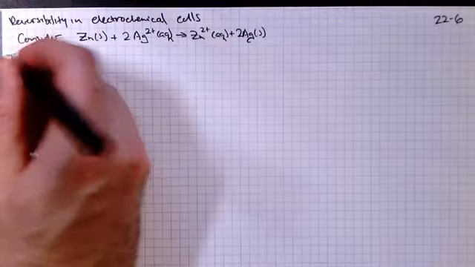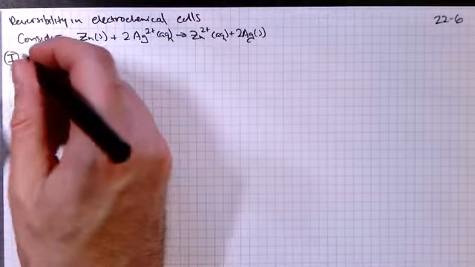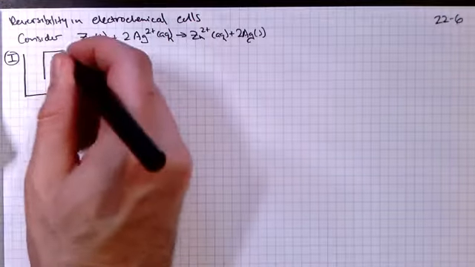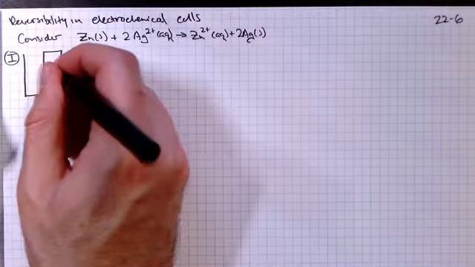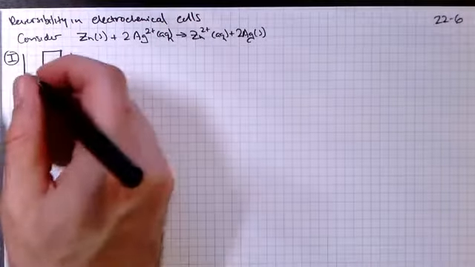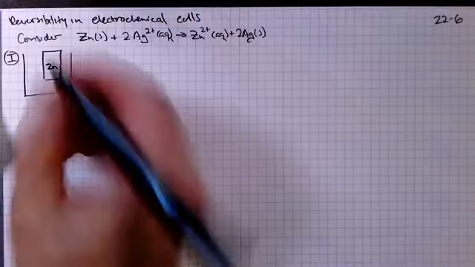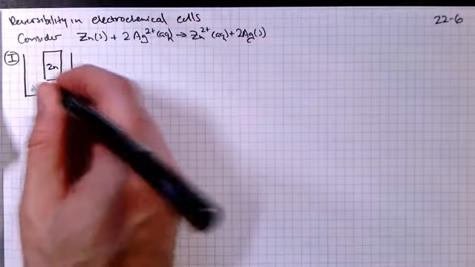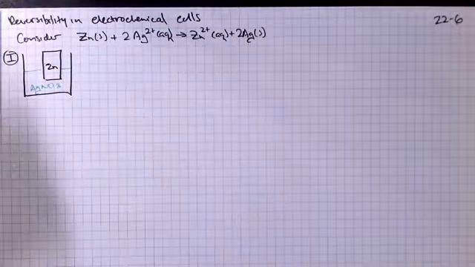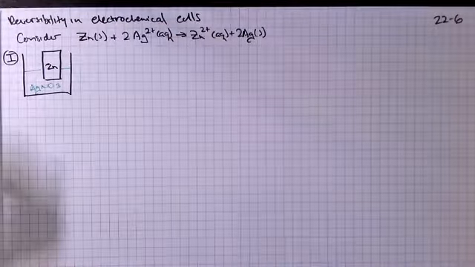So one will be, let's just take a container, take some zinc, stick it in a solution of AgNO3, silver nitrate. And what's going to happen?